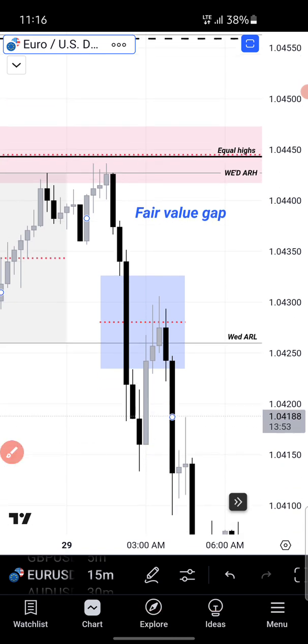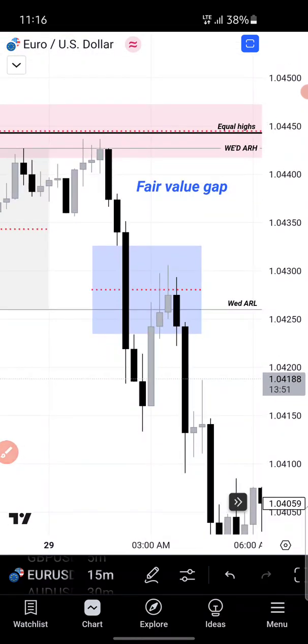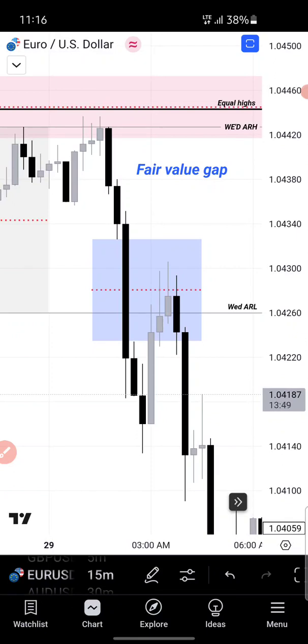Now, what kind of fair value gap is this? We have two kinds of fair value gap: a sell fair value gap and a buy fair value gap. In my TradingView, my sell is a black candle, while my buy is an ash candle.